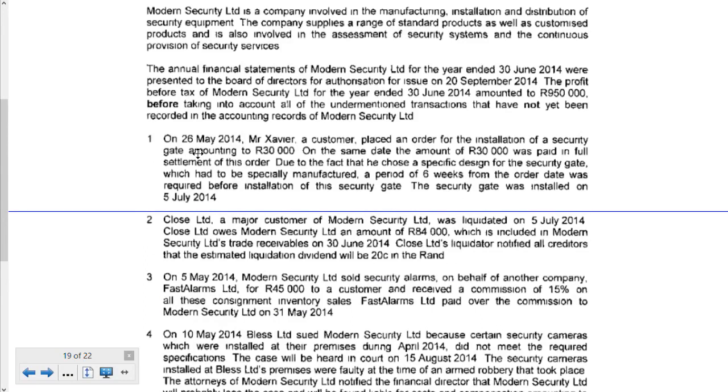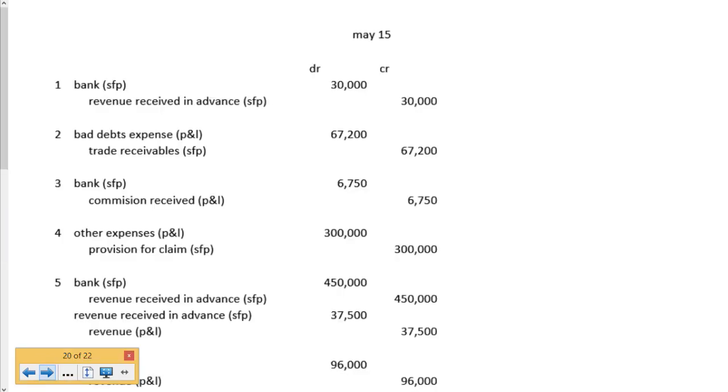Okay, so the first one is when a customer placed an order for an installation of a gate. He paid 30,000 Rand on that day. He chose a specific design and it had to be specially manufactured. And there was a period of 6 weeks from the order date until installation. It was only installed after the year end. They wanted the journals up to the year end, which was June. So the journal entry is to debit bank, because we received the money, and to credit income received in advance, or they call it a contract liability, for the 30,000.